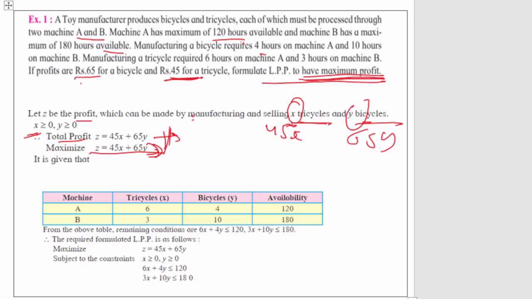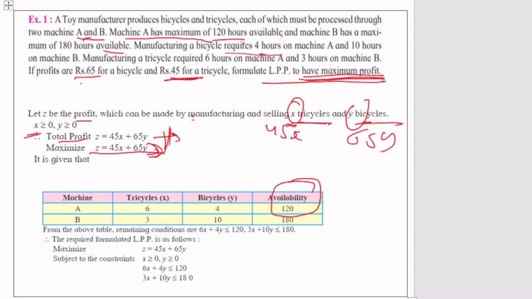Okay, machine A, machine B. So two machines they have given. Now check the condition. Machine A has a maximum of 120 hours. And how is it segregated?